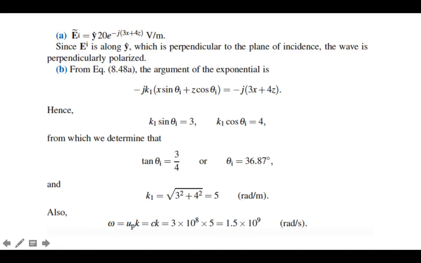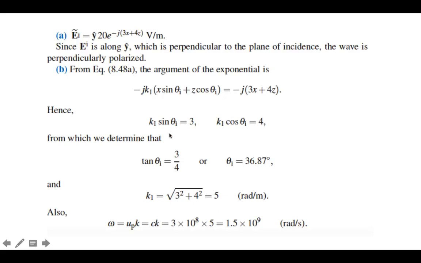So the first thing we have to realize is that what's represented up here, according to the equations that we've been given both in the new material as well as in the material that's in your book, this exponent represents x sine of θI plus z cosine of θI, which is minus j times 3x plus 4z. So you can set the first part of the equation, k1 sine θI, equal to 3, and the second part of the equation, k1 cosine θI, is equal to 4.